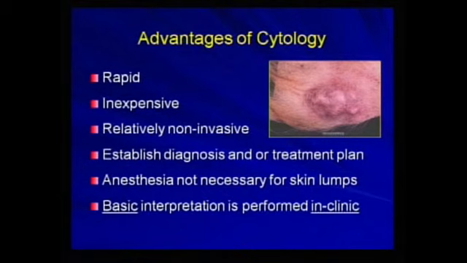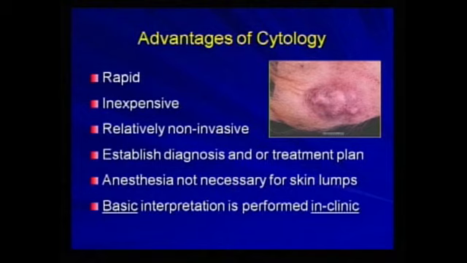The advantages of cytology as opposed to histopathology are listed here. These are rapidly performed tests, in a matter of minutes. They're, as compared to surgery, quite inexpensive in terms of the time it takes, in terms of the equipment that it takes to perform a cytologic preparation, and obviously in terms of cost for anesthesia, etc. These are generally relatively non-invasive techniques, especially when we're talking about skin lumps, which is the majority of what we see.